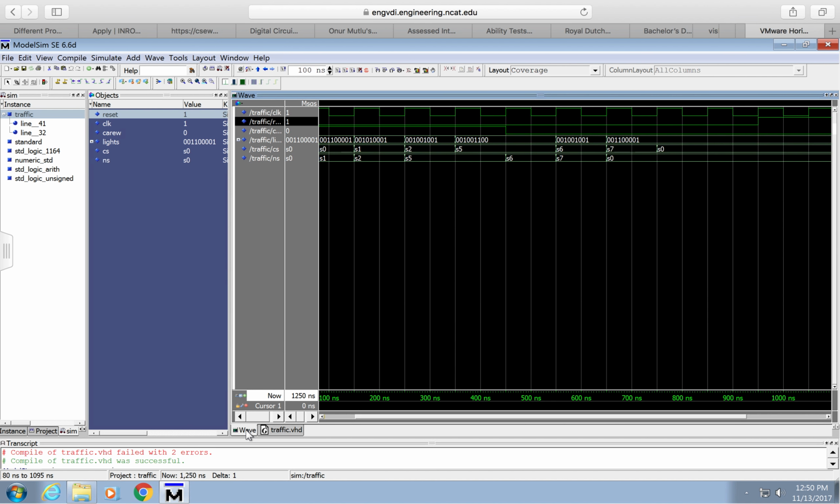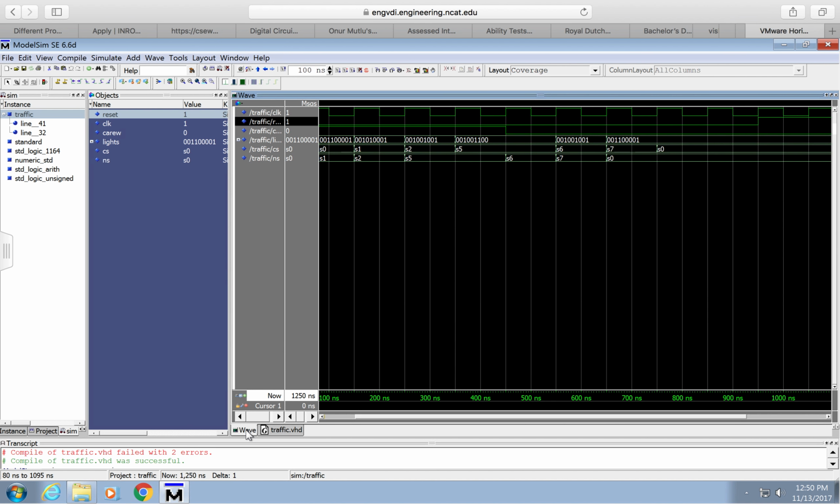Then after it gave me a check mark next to the traffic right here, that gave me the indication that I can proceed. Then I pressed on start simulation over here.